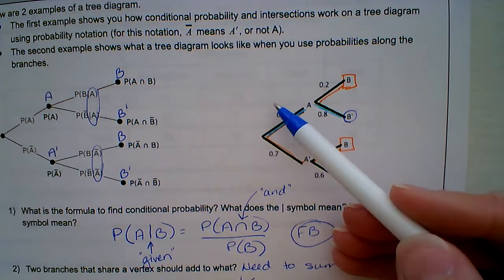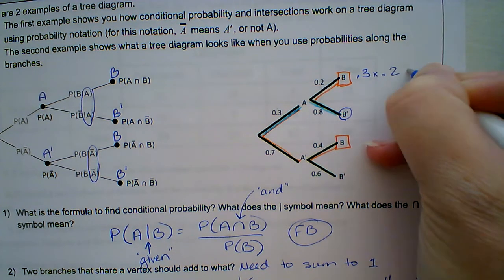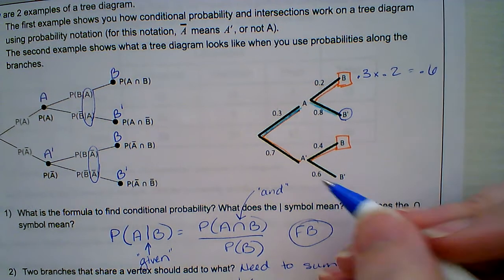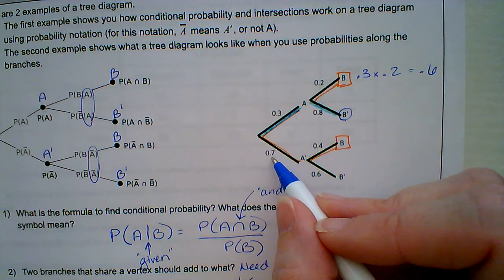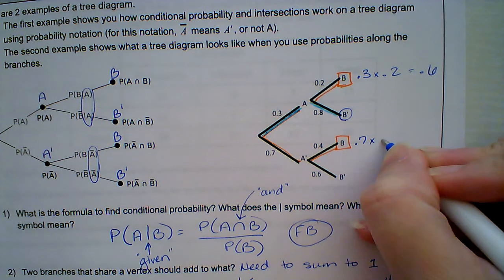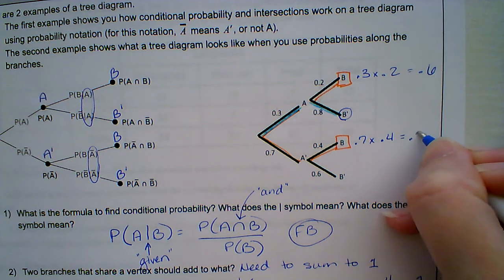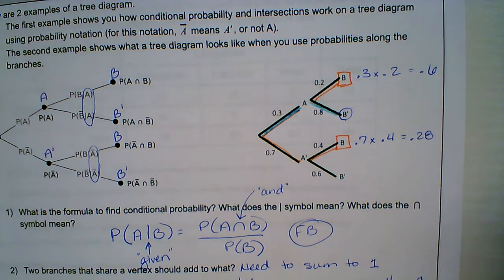So I'm going to have 0.3 times 0.2, that's going to give me 0.6. I'm going to have 0.7 times 0.4, this is going to give me 0.28.